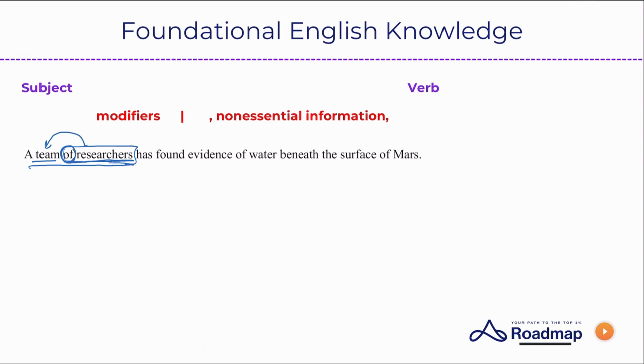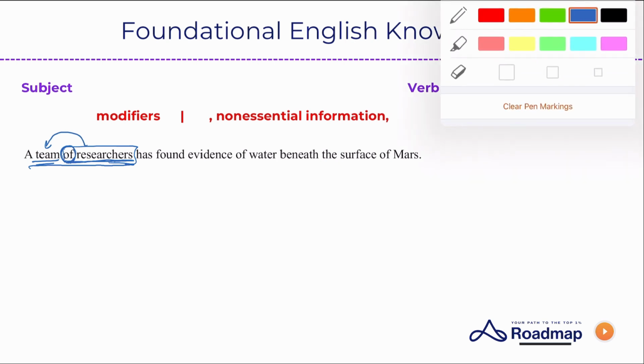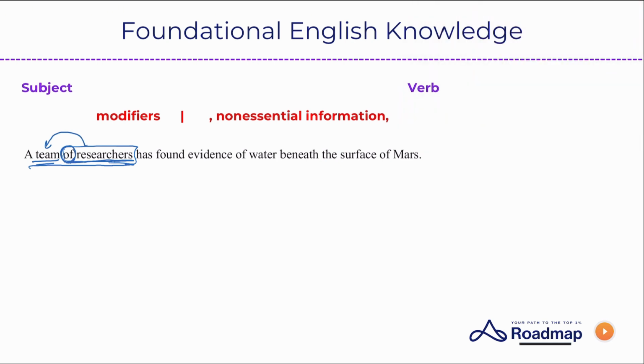So locating the prepositional phrase is important because, like I said earlier, the subject of the sentence will never be found inside of a prepositional phrase. So knowing when the preposition begins and when it ends is really important, so you can cross it out or mentally ignore it. Because researchers won't be your subject.